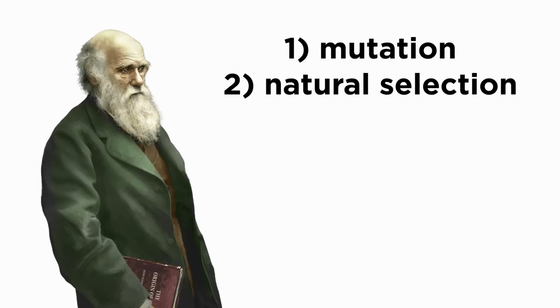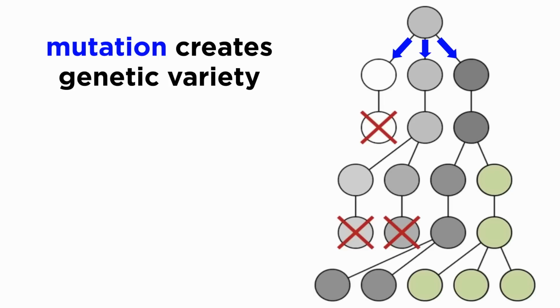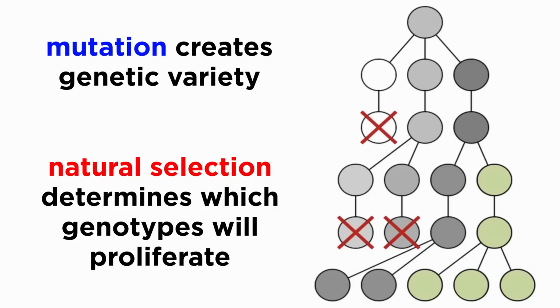Whereas Darwin envisioned only natural selection, over the 150 years since, we now know that there are many other mechanisms also at play. Apart from mutation, which produces genetic variety, and natural selection, where organisms better suited for survival and reproduction have their genes more likely to proliferate, there are a few other important ones.